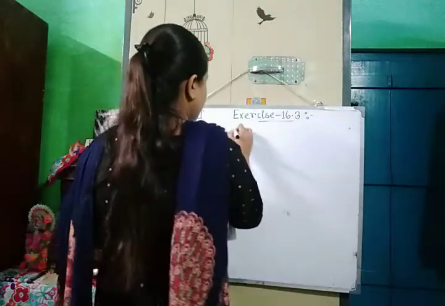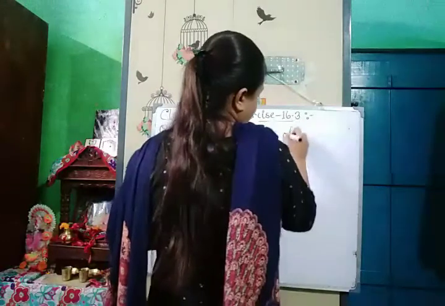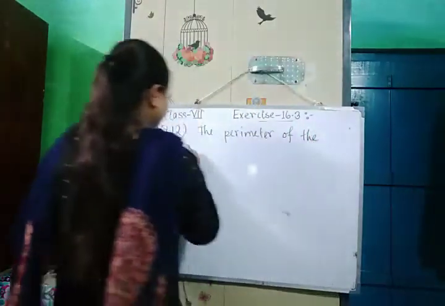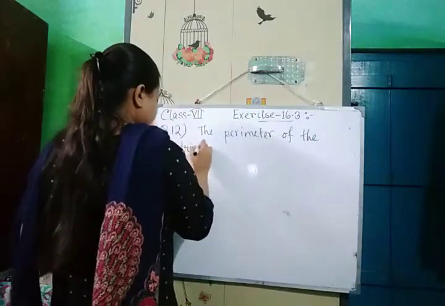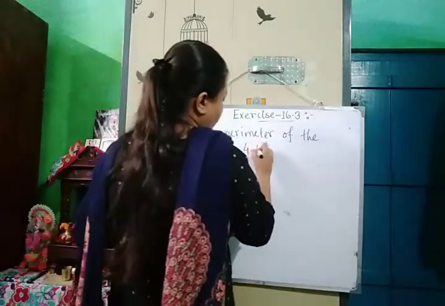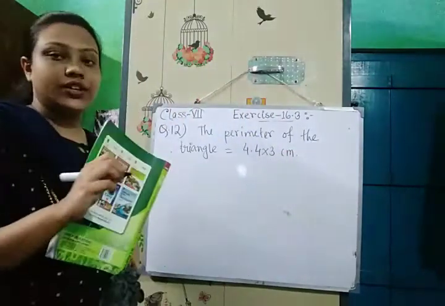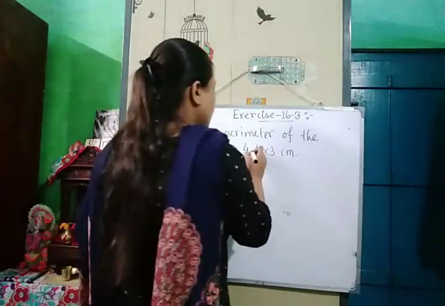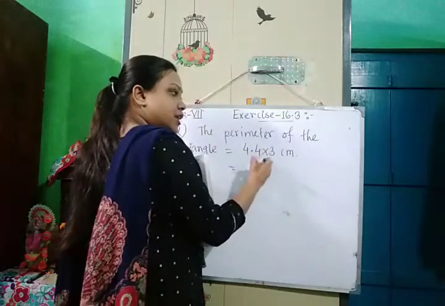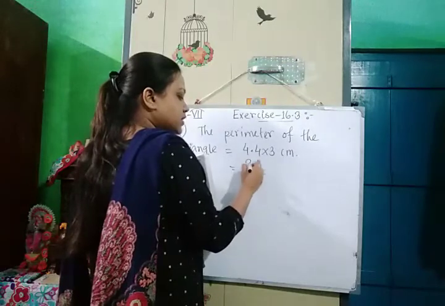The perimeter of the triangle is equal to 4.4 into 3 centimeters, since it's an equilateral triangle. So it will be this one side into 3. 3 4s are 12, 1 in hand, 3 4s are 12 plus 1, 13.